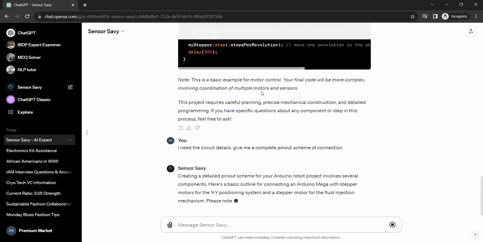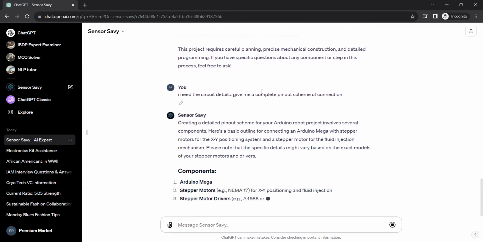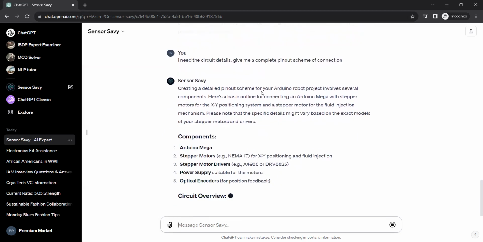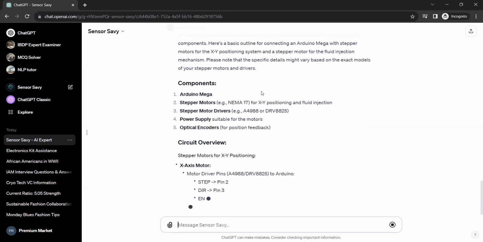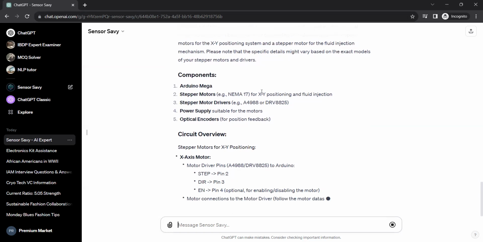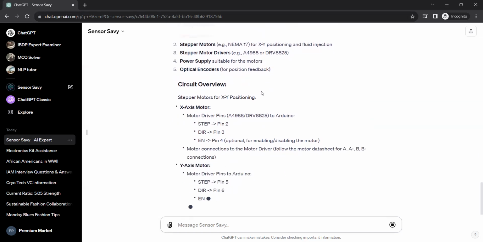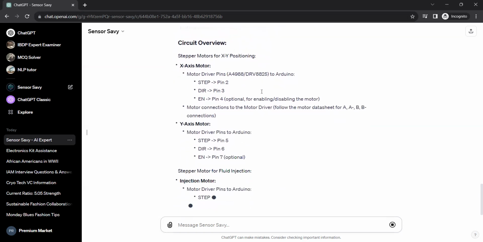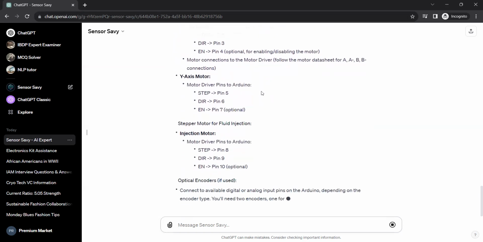Creating a circuit involves several components. Here's a basic outline: Arduino Mega, stepper motors. Okay, so it has given you the specifications and circuit overview. Now it gives you pin 2, pin 3, where each should be connected, and so on. Once you are aware of how to do this, then definitely doing this should not be a very difficult thing. Now let us see, has it completed?